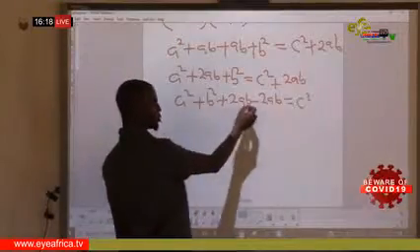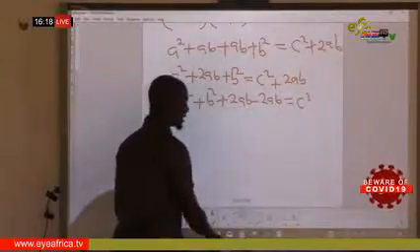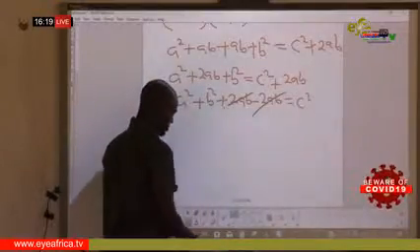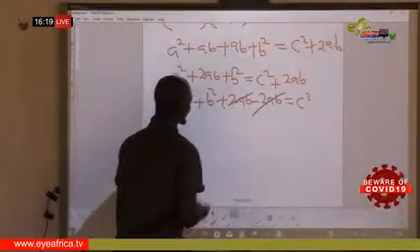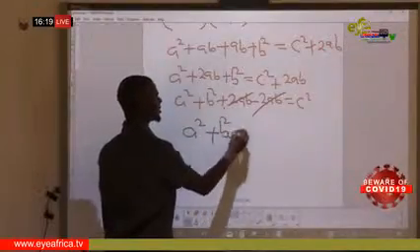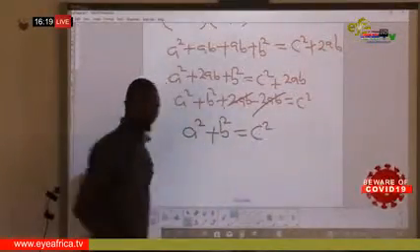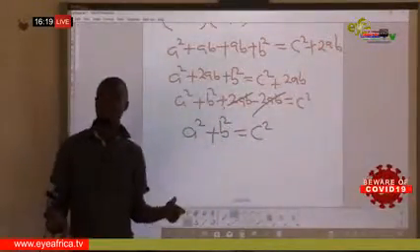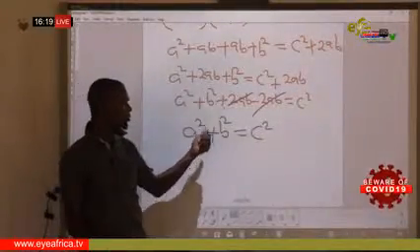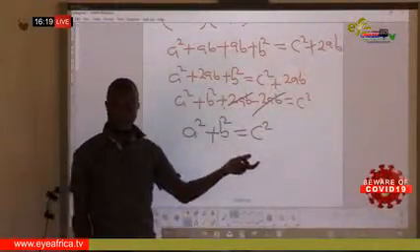You will see plus 2ab minus 2ab will cancel. That is 0. Plus 2ab minus 2ab is 0. So what do you have? You have a square plus b square is equals to c square. That is the way we prove the Pythagoras theorem. A square plus b square is equals to c square.